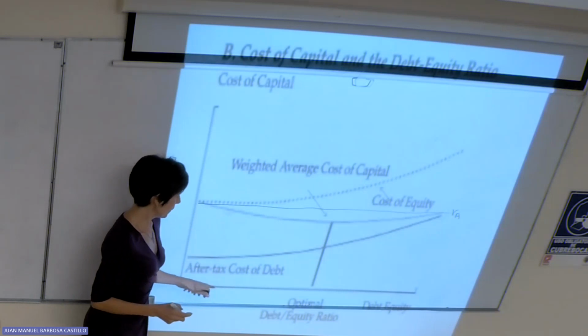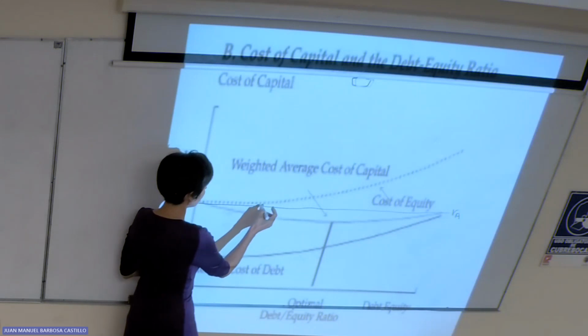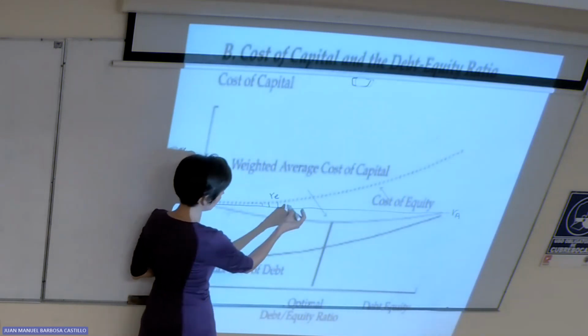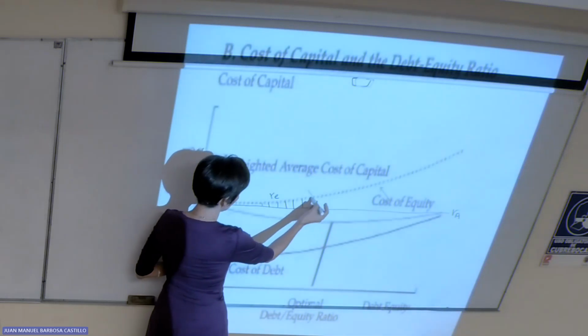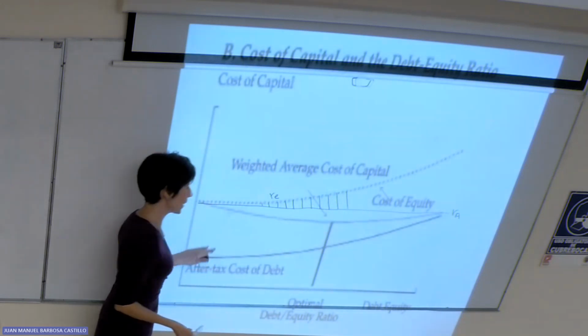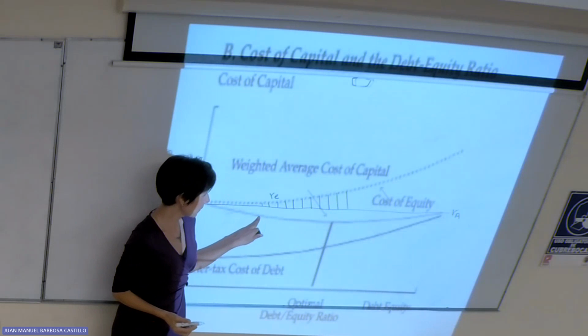But in the presence of taxes, the inclusion of debt in the company starts to increase. This is the return on equity required by the shareholders, right? So you see, the greater the debt I use in the capital structure, the higher the requested return from shareholders.